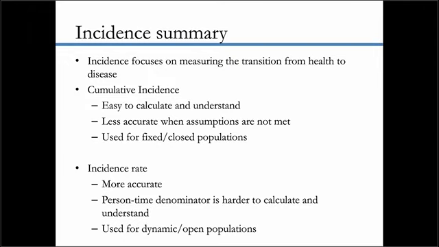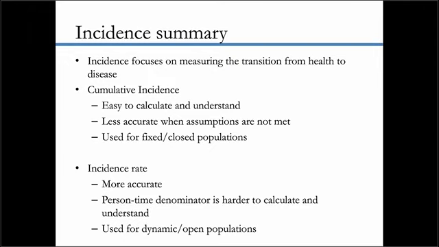But essentially, if we talk about the different types of populations, cumulative incidence is really useful when we have a fixed or a closed population, where we're not assuming that people are going to be moving in and out of our population too much. However, most of our populations are dynamic and people are constantly moving in and out, or if we're doing a research study, people might be followed up for different periods of time.